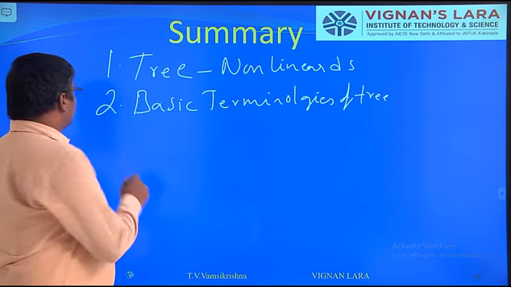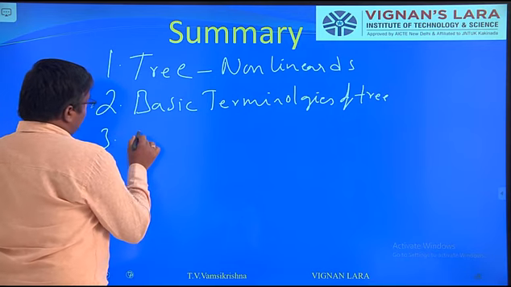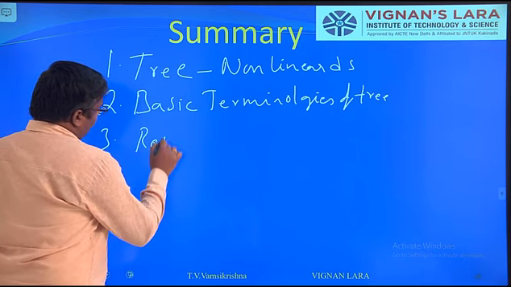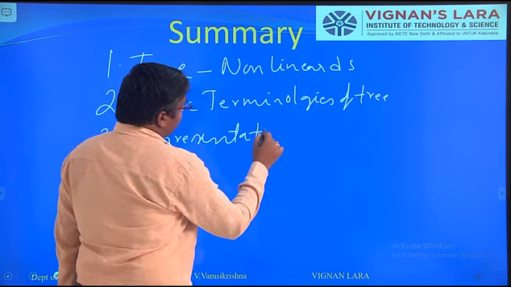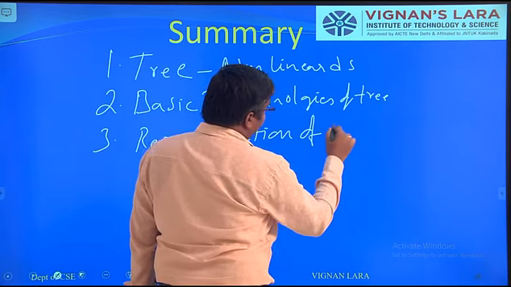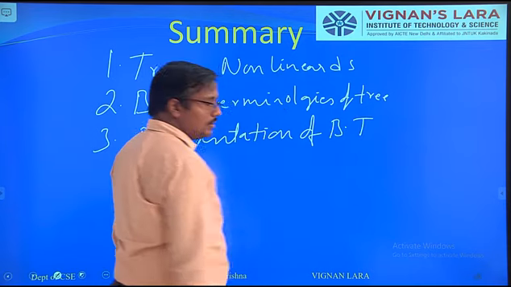These are called terminologies. Third one, representations of binary trees.